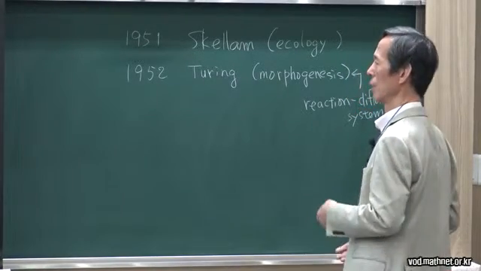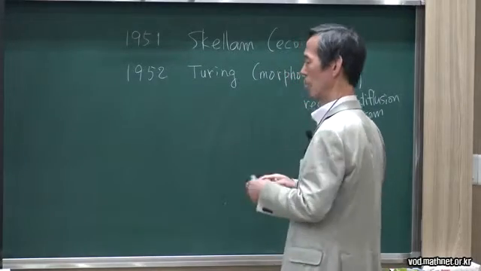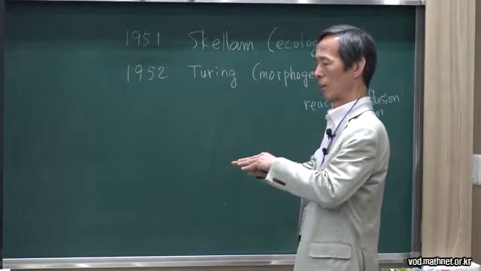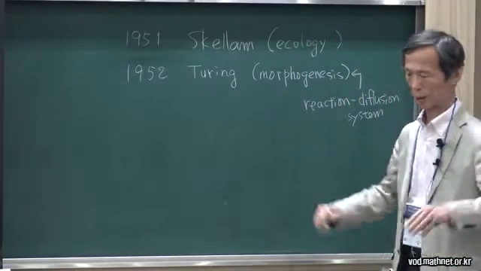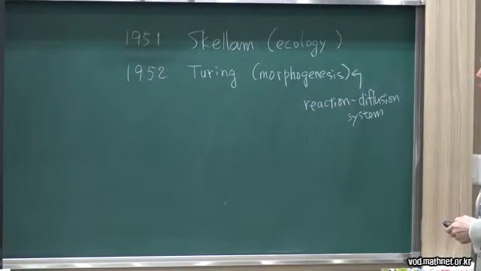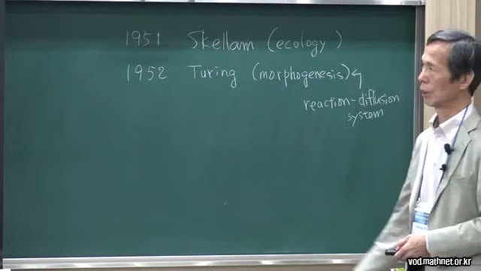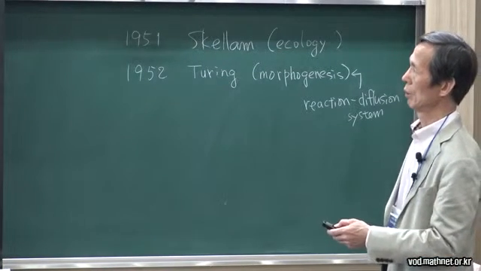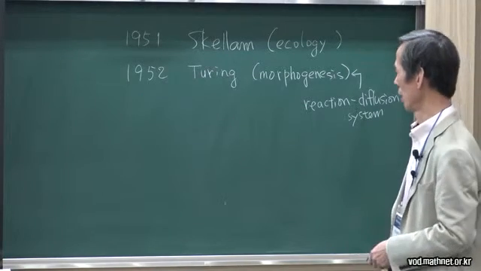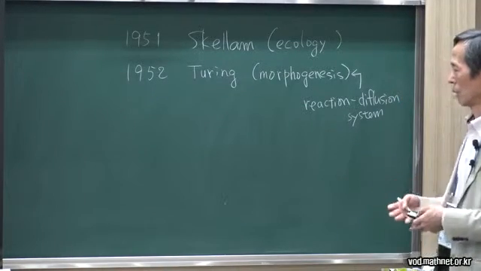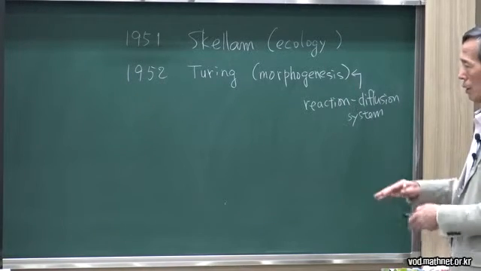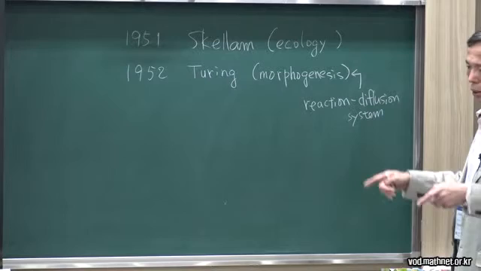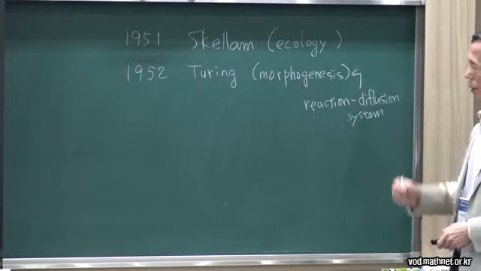Usually diffusion is what makes things uniform, so everything flat will be stable. But a combination of some nonlinear reaction, which I denote by f of u, actually it's a system in his case, and diffusion can destabilize the uniform state and lead to the creation of some non-uniform pattern.